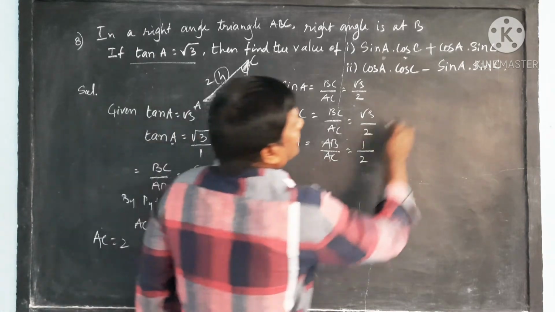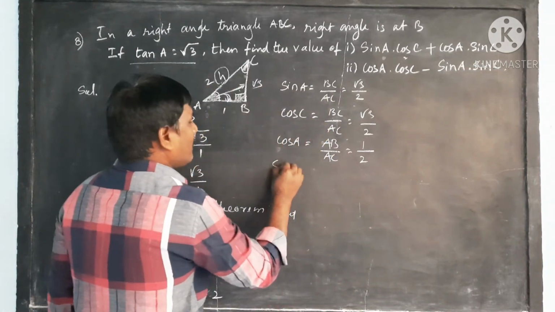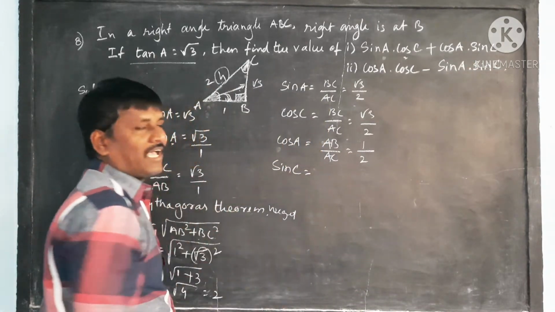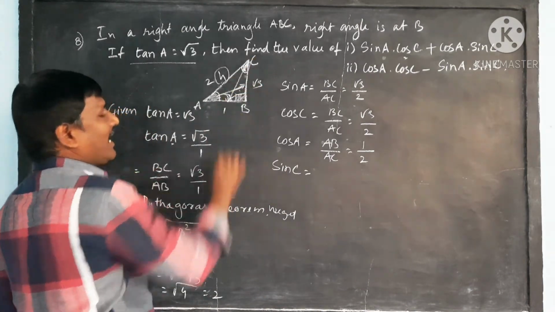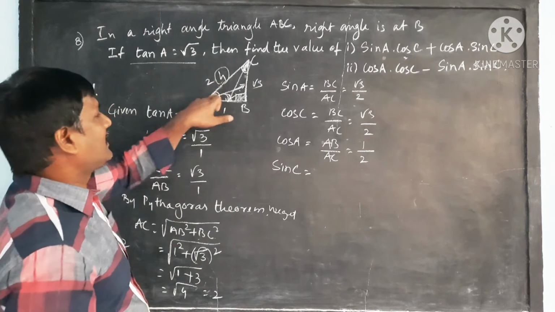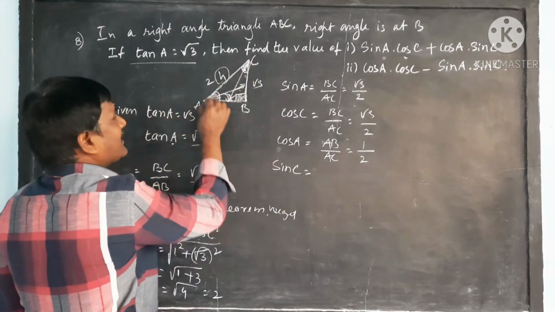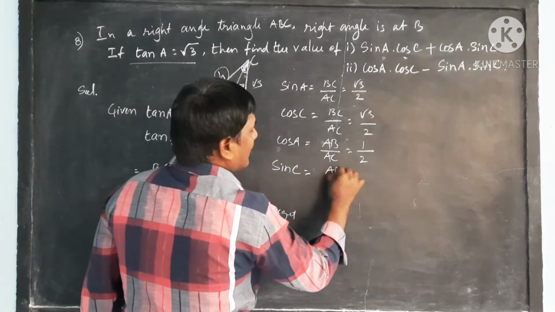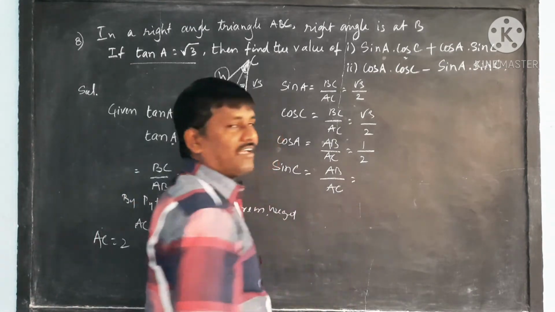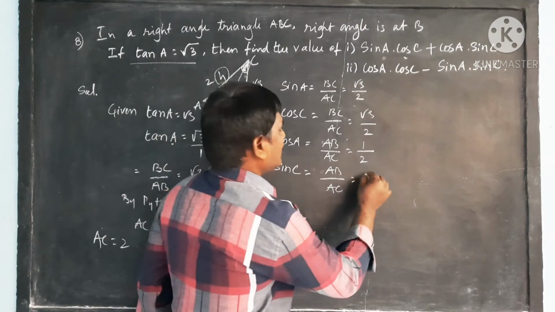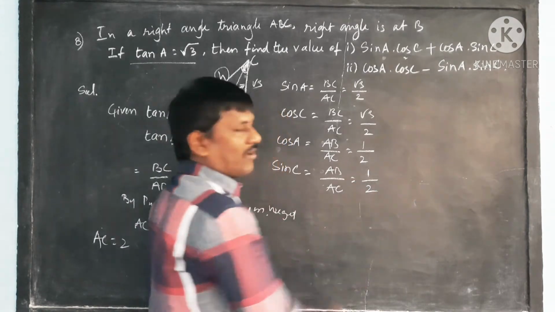The last one is sin C. Sin C is the opposite side to angle C by hypotenuse, that is AC. So the opposite side to angle C is AB, by AC. Now substitute the values: AB is 1, AC is 2, so sin C is 1 by 2.